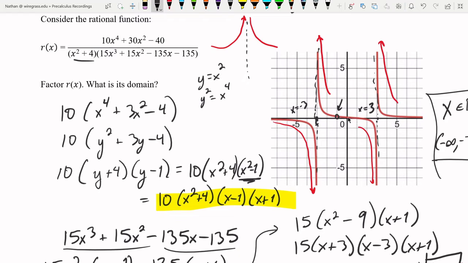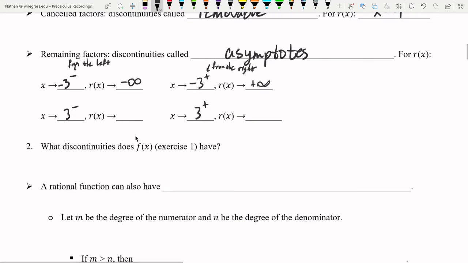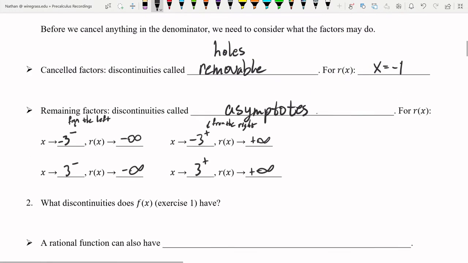You're looking at it from the left-hand side, and then from the right-hand side, going towards x equals 3. This is called limiting behavior, and this is very important for calculus concepts. So we said this was negative infinity, and this was positive infinity. Okay, try this out in number 2.